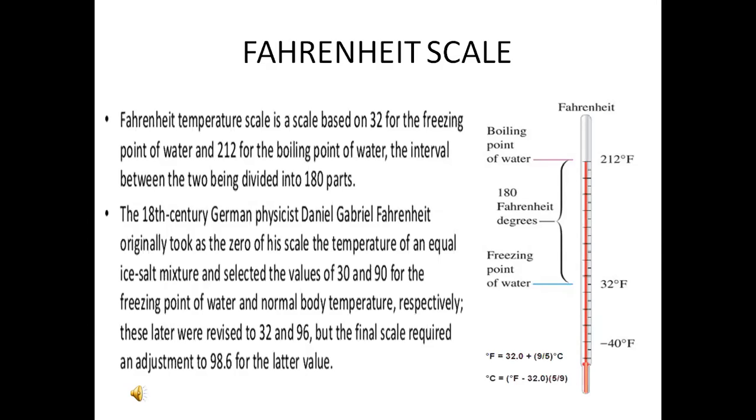So, the 18th century German physicist Daniel Gabriel Fahrenheit originally took as the zero of his scale the temperature of an equal ice-salt mixture and selected the value of 30 and 90 for the freezing point of water and normal body temperature respectively. These latter were reduced to 32 and 96, but the final scale required an adjustment to 98.6 for the latter value.